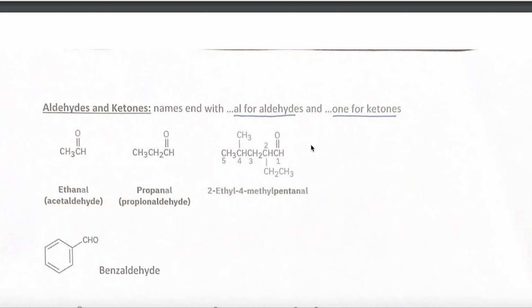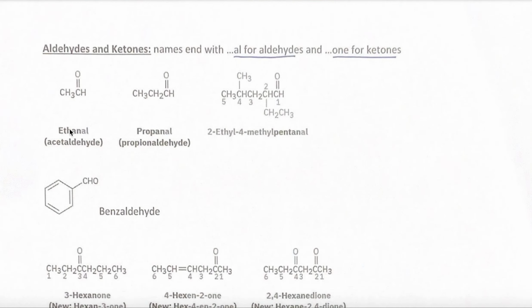Now, aldehyde and ketone. The name ends with al for aldehyde, one for ketone. Okay, so we got ethanal, 2 carbons, ethane, aldehyde, we call ethanal, or acetaldehyde. Propanal means 3 carbons, propane, aldehyde, so we call it propanal.